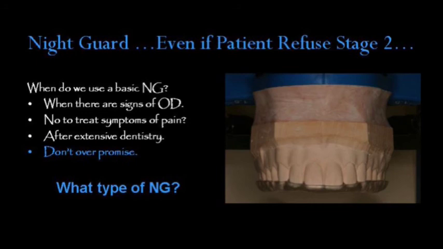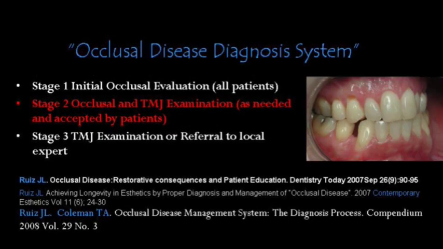And although a night guard will be helpful, our ultimate goal should be to educate and motivate the patient so they actually go through with the ideal treatment, which would be the advanced occlusal and TMJ examination.